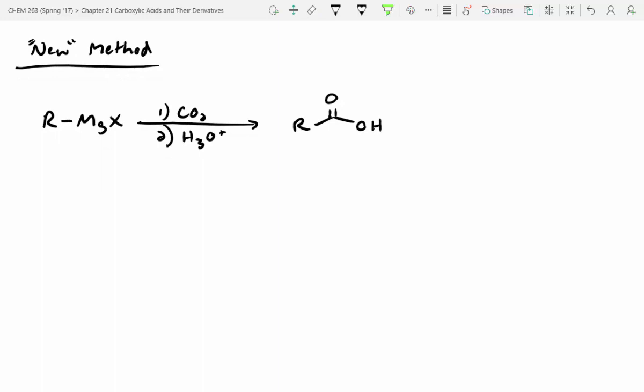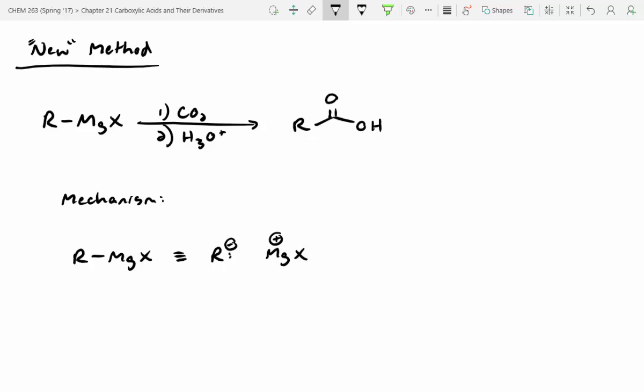And let's take a look at the mechanism. This mechanism is very intuitive. If you remember, I said you could draw a Grignard two different ways. You can draw it covalently bonded between that R group and the magnesium, or ionic. It really doesn't matter. It's a very, very strong dipole.